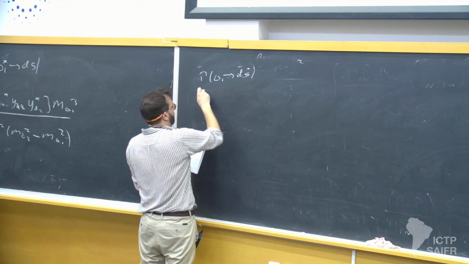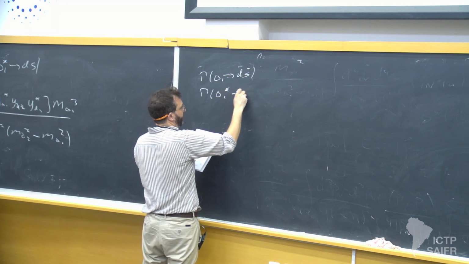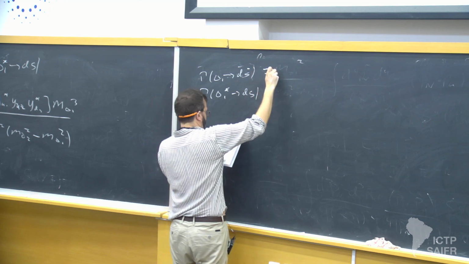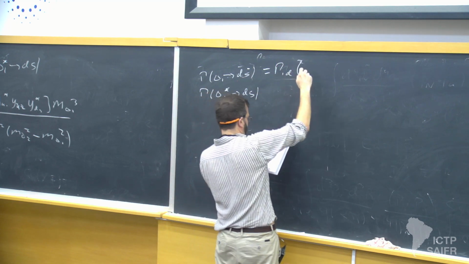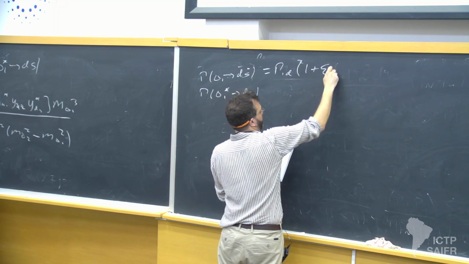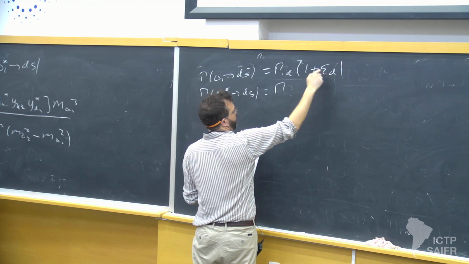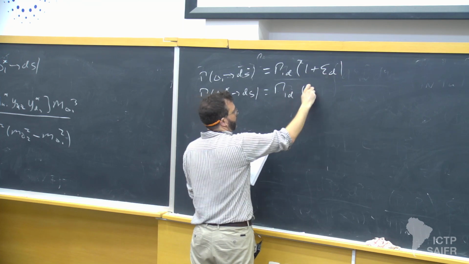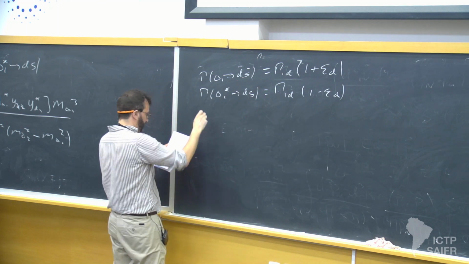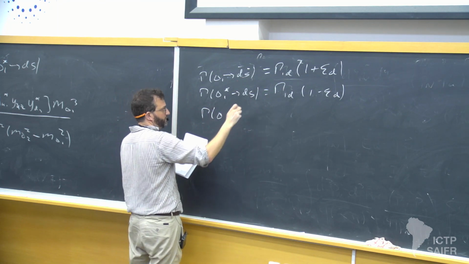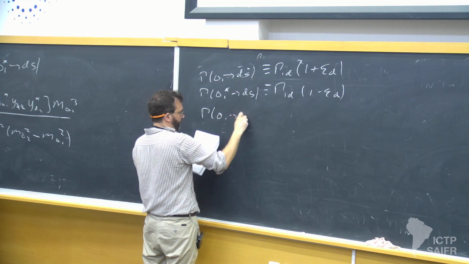Delta 1 to ds bar, this we write as some overall gamma 1, the partial width, but because it's CP violating, there's a little deviation here compared to this one, okay? This is just by definition. Delta 1 to nu.